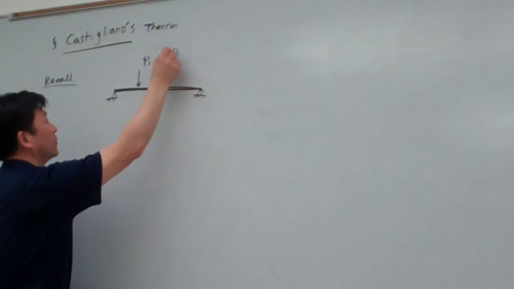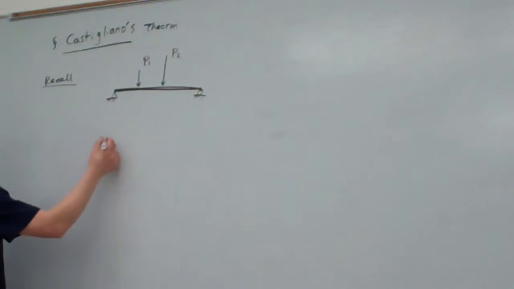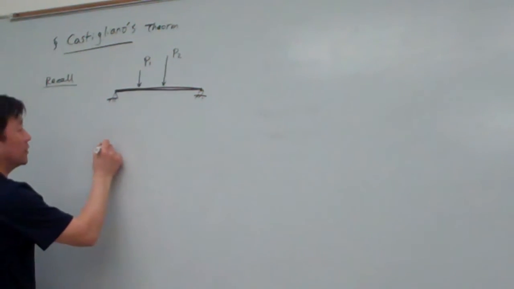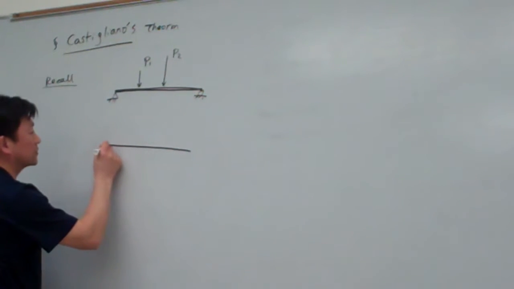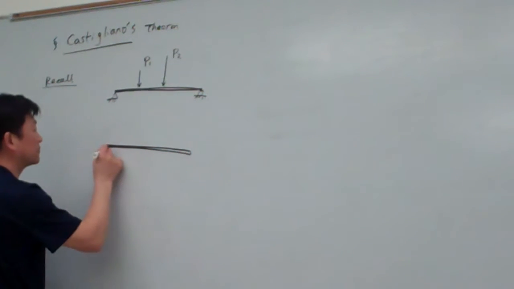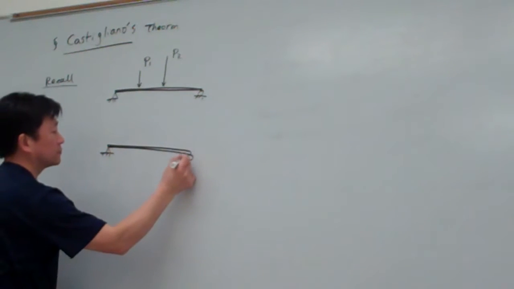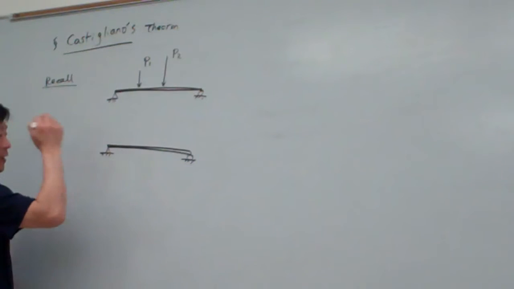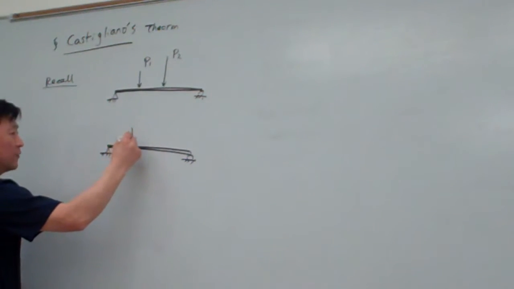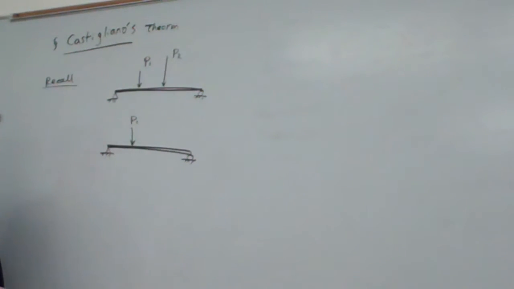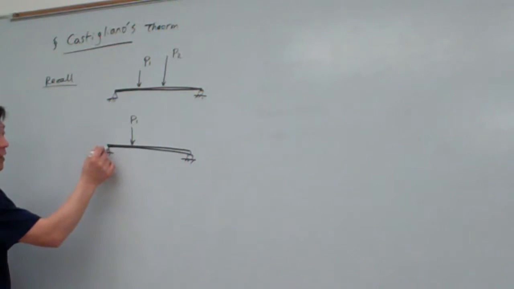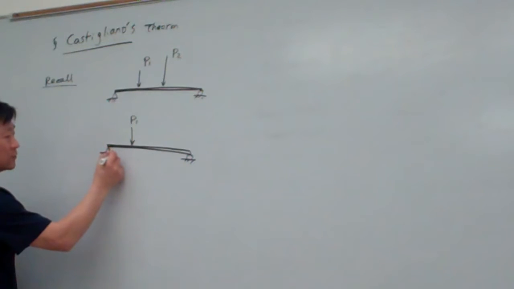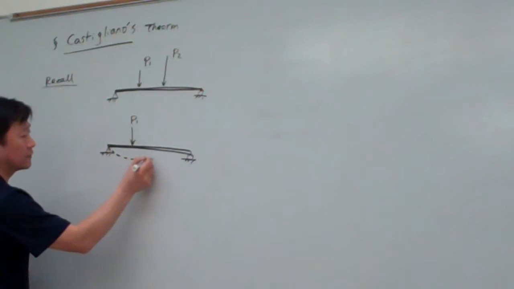So in general, it could be like this. The loading conditions we have learned are this. And we can try to apply the loading P1 first, slowly, to get the deflection into equilibrium, and that corresponds to this curve.